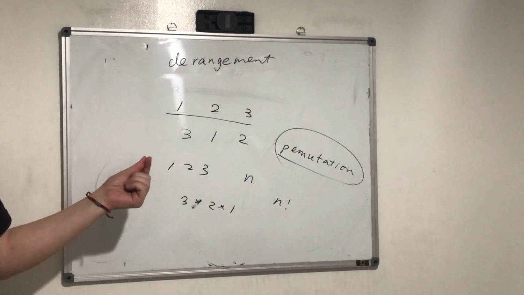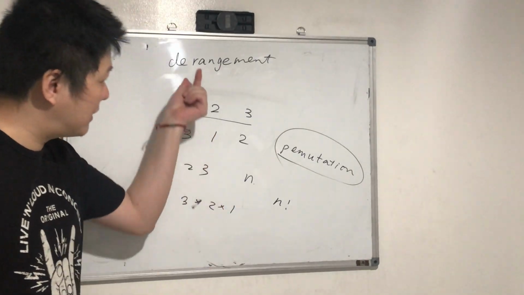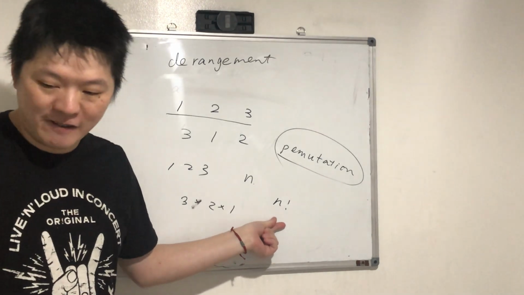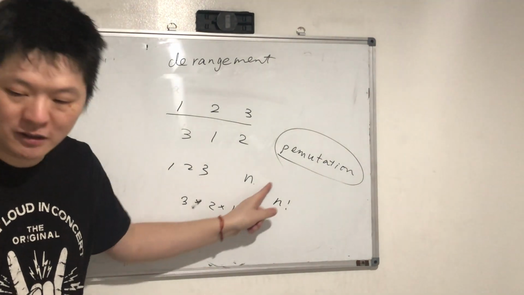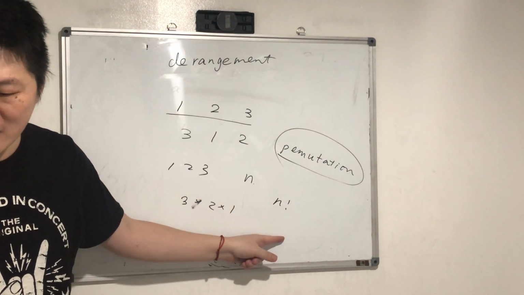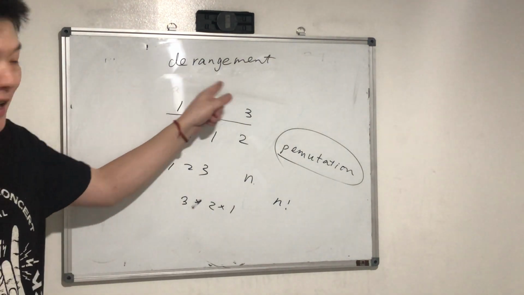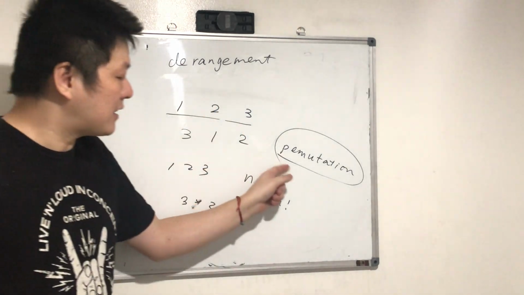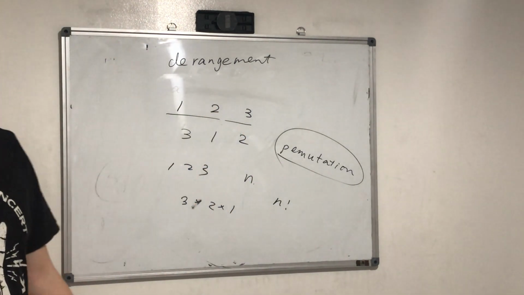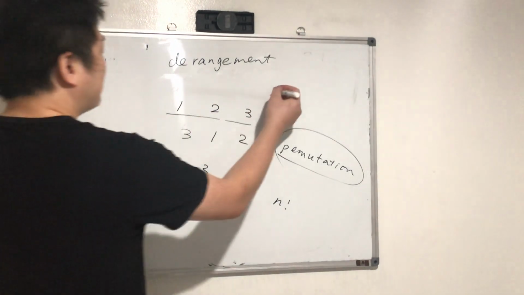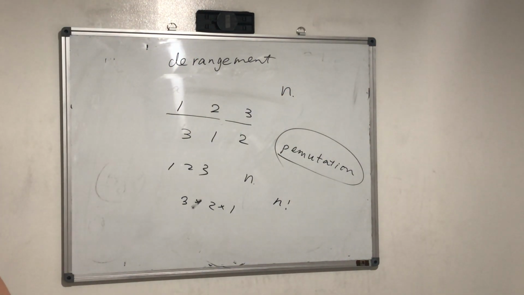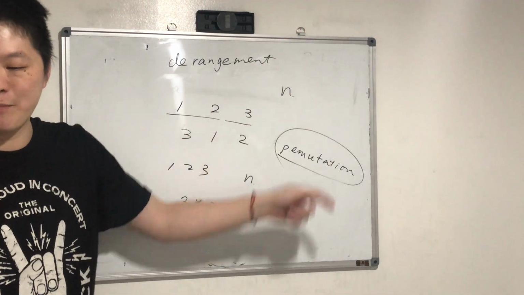Obviously, the total number of derangements is less than n factorial, because that's the total number of possible permutations, which includes the derangements. So the question is, given the number n, we want to find out how many derangement permutations there can be.